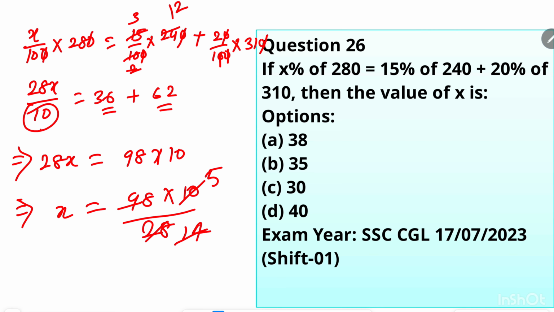Now you can divide by 7. 7 times 5 is 35. Now the option you see is B, that you got. This is also very easy. I hope you are understanding.